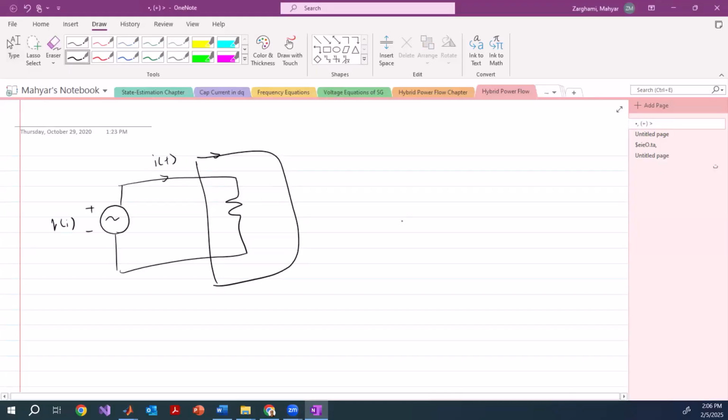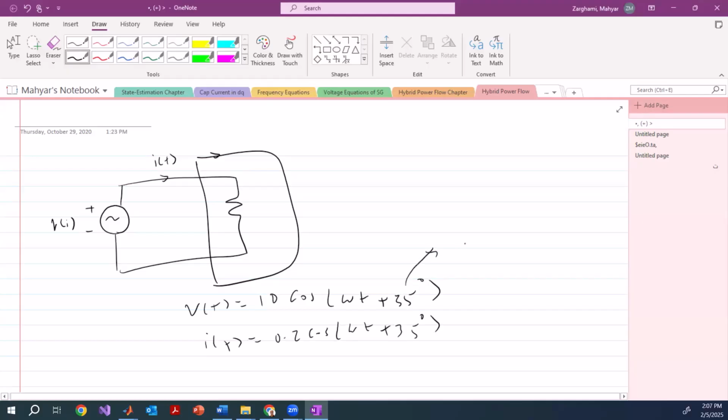This means that, for example, if V of t is 10 cosine of omega t plus 35 degrees, then I should be something like, for example, 0.2 cosine of the same omega t plus 35 degrees. So this is called phi v. This is called phi i, right? So phi v minus phi i becomes 0. In this case, your network is purely resistive.